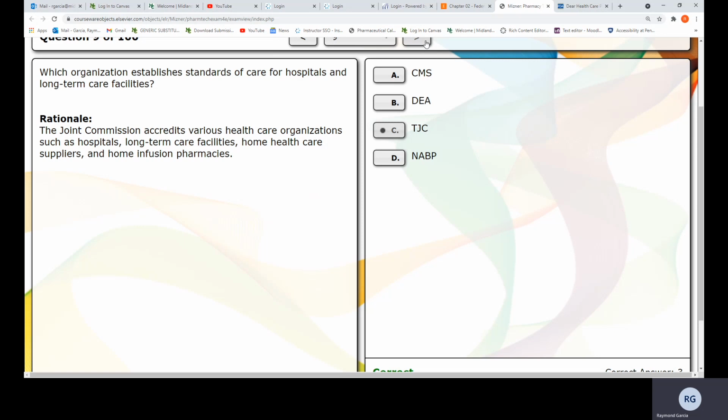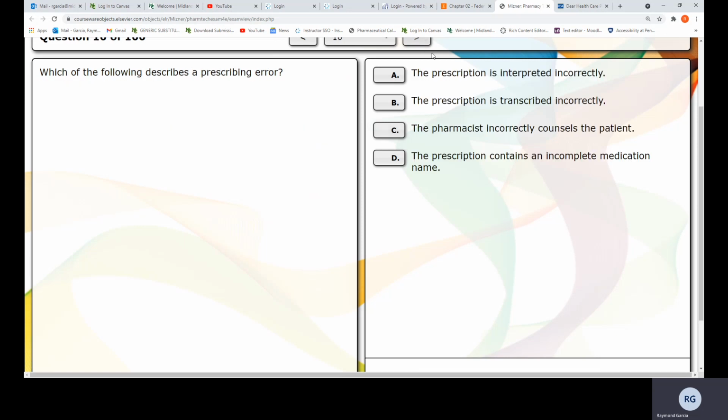Okay, next. Which of the following describes a prescribing error? The prescription is interpreted incorrectly. The prescription is transcribed incorrectly. The pharmacist incorrectly counsels the patient.